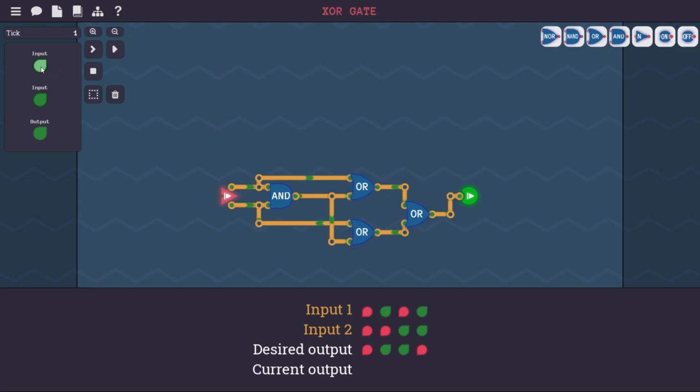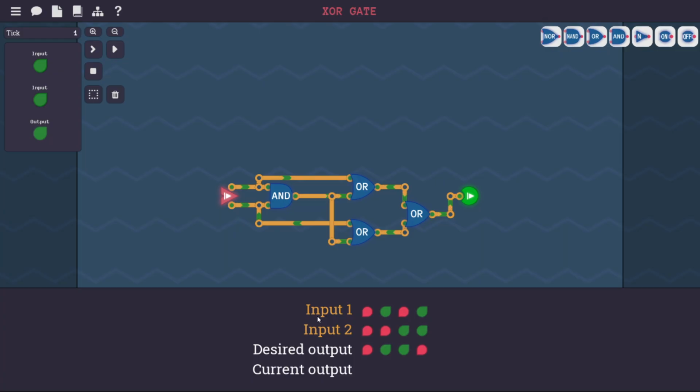According to the Karnaugh Map, we're supposed to get, let's say input 1 is equal to A, input 2 is equal to B. We need A and B, and our outputs.